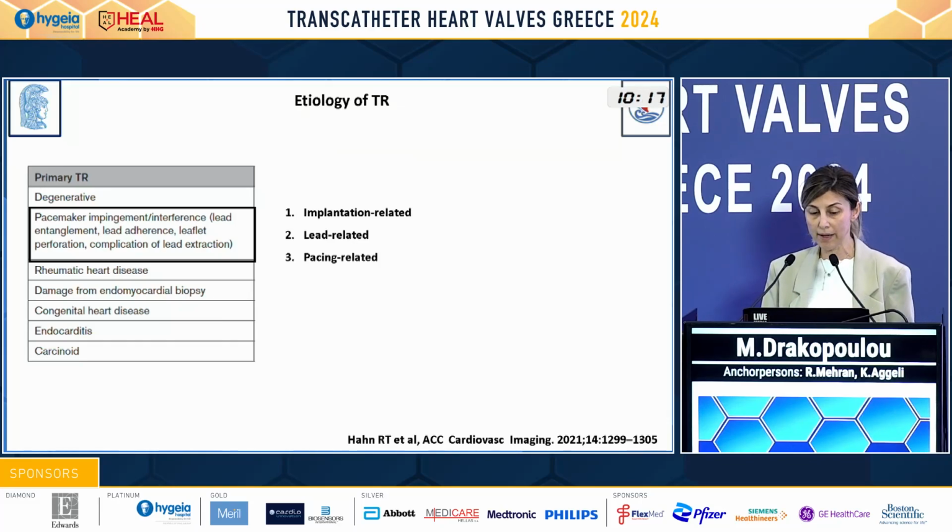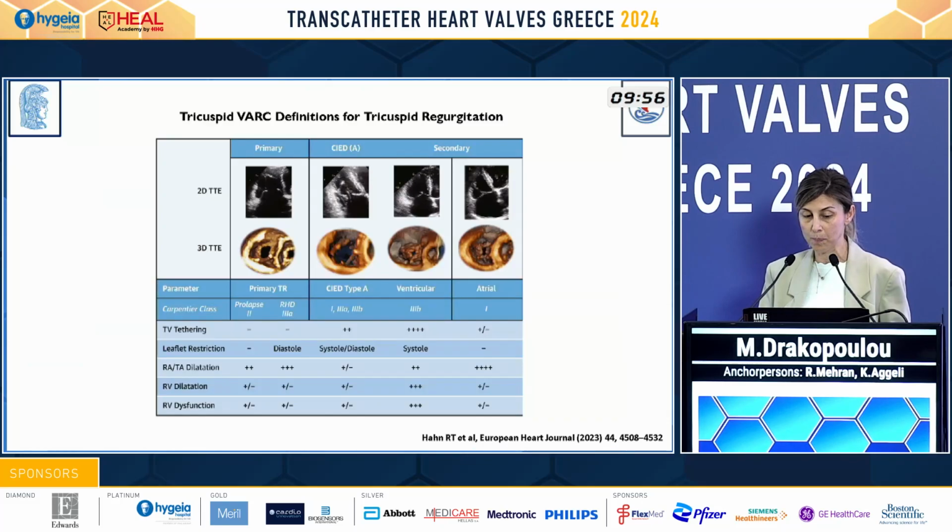Lead-related is when we have lead adherence, lead entanglement, so the leaflet may be tethered due to the position of the lead, and the pacing-related is when we have RV dysfunction due to the pacing, so the RV dilates, and we have dysfunction due to the dilation of the RV because of the pacing.